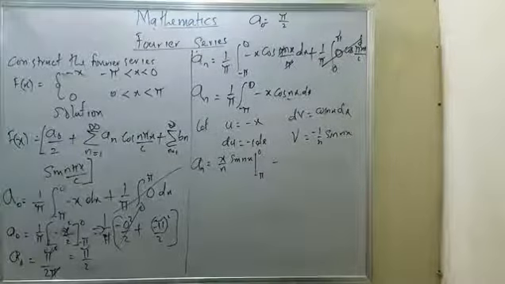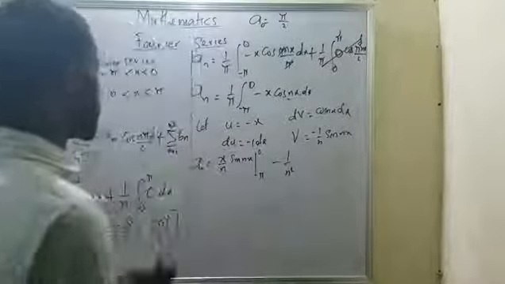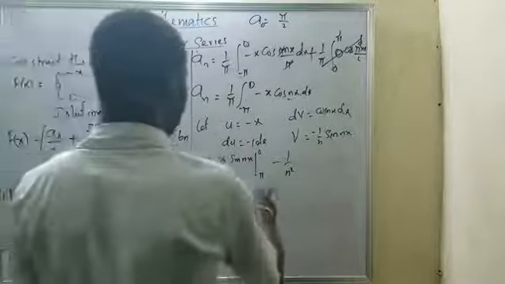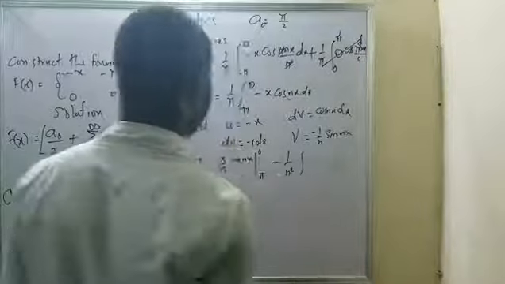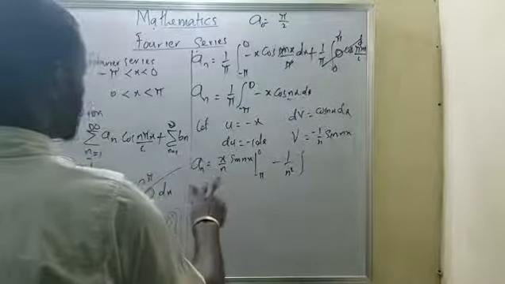The next one will now be 1 all over n squared, the integral of, I'm talking about v du.